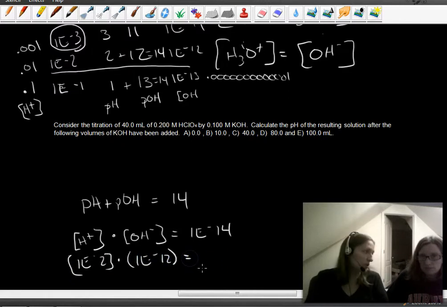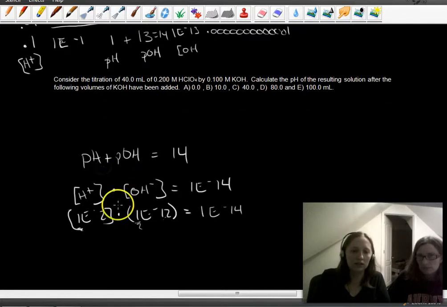Now here's where we start doing logarithm math in our heads. When you multiply logs, you multiply the little numbers: 1 times 1 is 1. And you add the exponents: negative 2 plus negative 12 is negative 14. Multiply the little numbers, add the exponents.